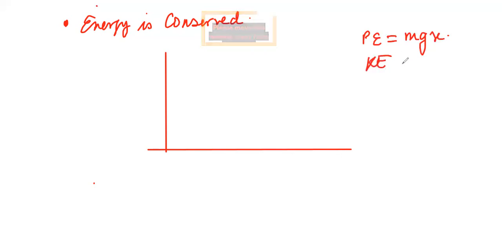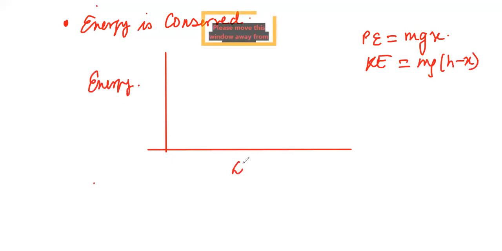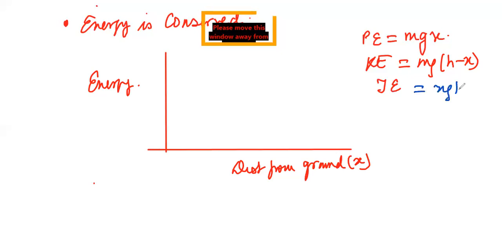Kinetic energy we have seen is mg into h minus x with respect to the ground. This is my energy axis, and this is the distance from the ground, which I have taken as x. And total energy you have already seen is always conserved, that is equal to mgh.